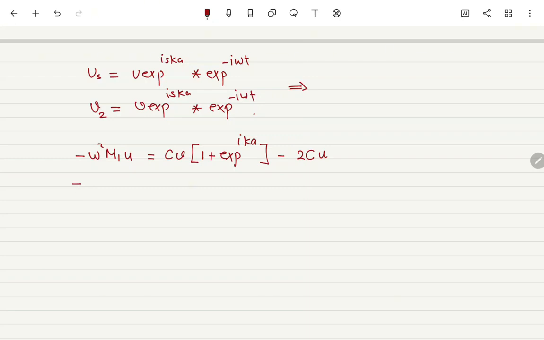And when we substitute in the second equation, this one here, you will get minus omega square M2 v equal to cu times exponential ika plus 1, minus 2cv. To solve these two equations, let's just put them in a determinant here.